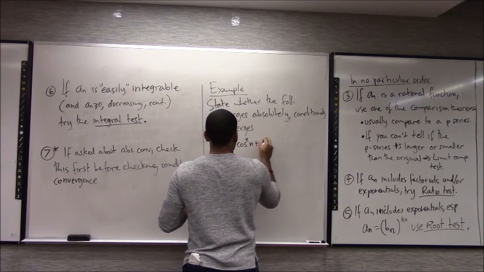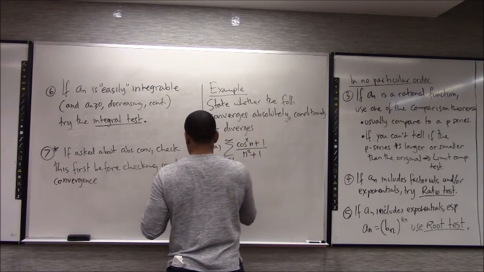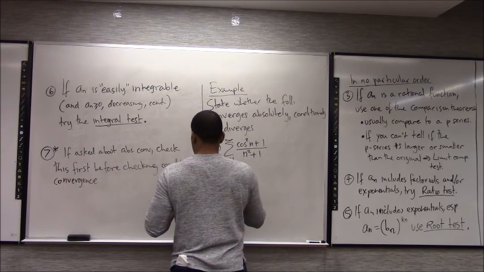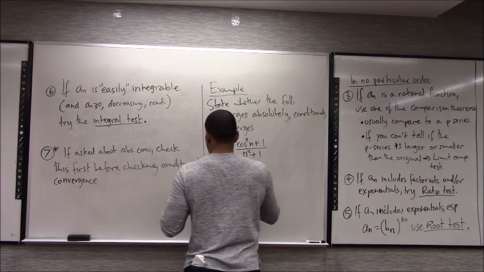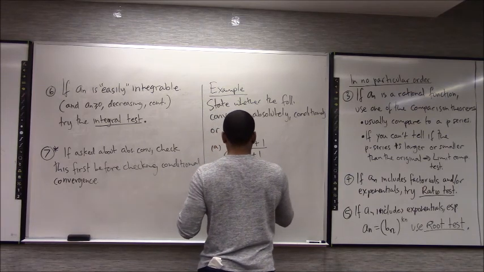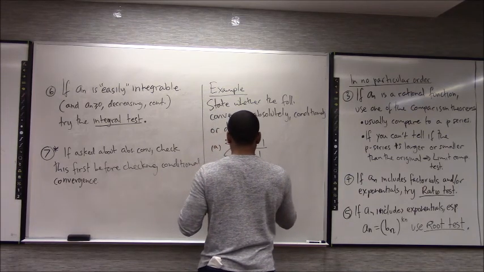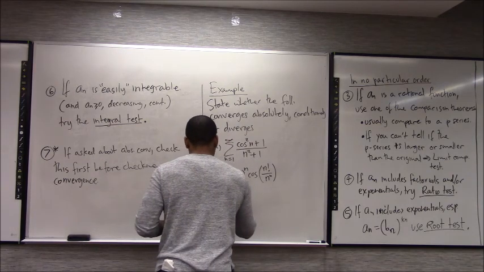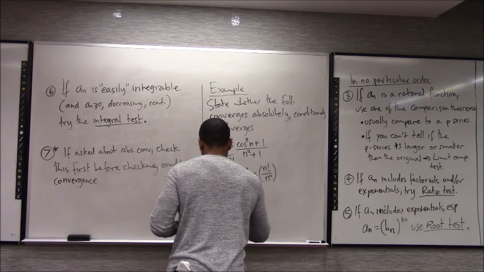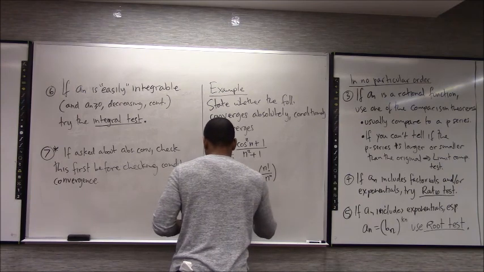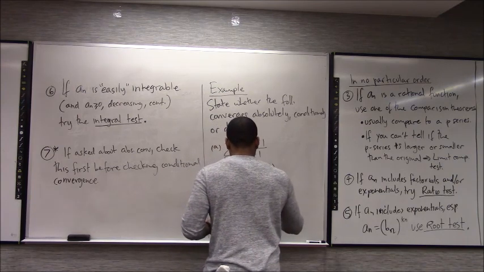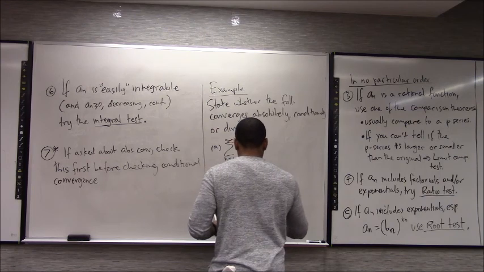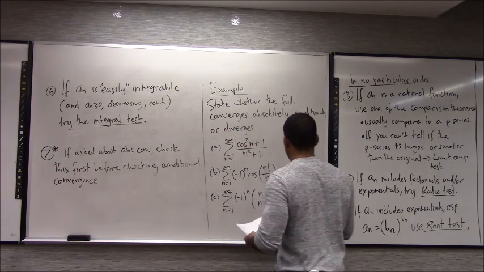(a) Cosine squared n plus 1 over n squared plus 1. (b) Minus 1 to the n, cosine of n factorial over n to the n. (c) Minus 1 to the n, n over n plus 1 to the n.